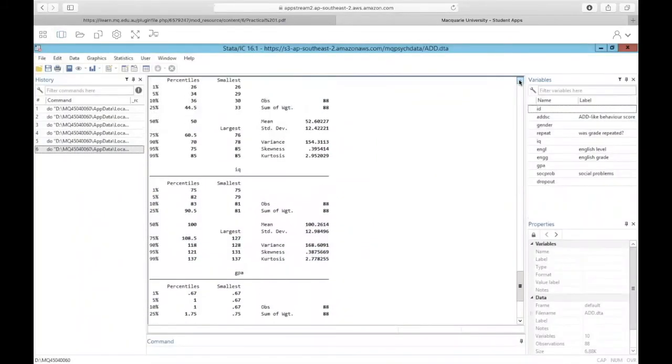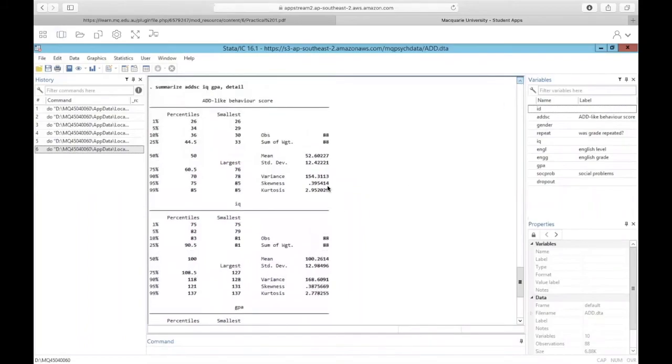And let's look at ADD-like behavior score first. So we have a skewness statistic here of about 0.4, which would suggest, again, a positive skew. A kurtosis here of 2.95, which is incredibly close to 3. So there we would conclude that this is mesokurtic.